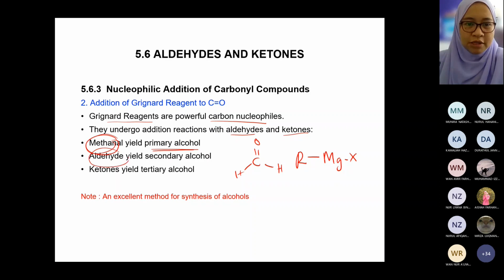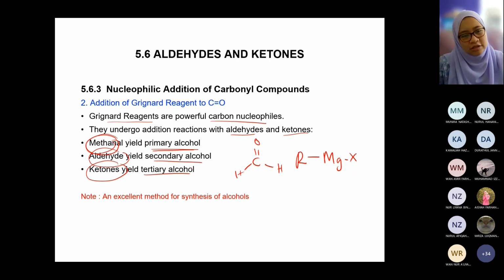Other aldehyde, when it reacts with Grignard reagent, it produces secondary alcohol. As for ketone, ketone as a whole lah. Ketone when it reacts with Grignard reagent, it produces tertiary alcohol. So kena ingatlah ni. So kalau aldehyde other than methanol, it produces secondary alcohol.